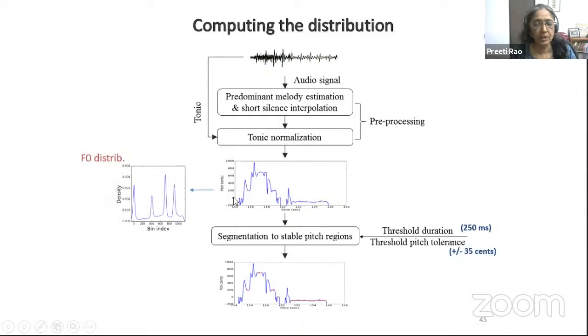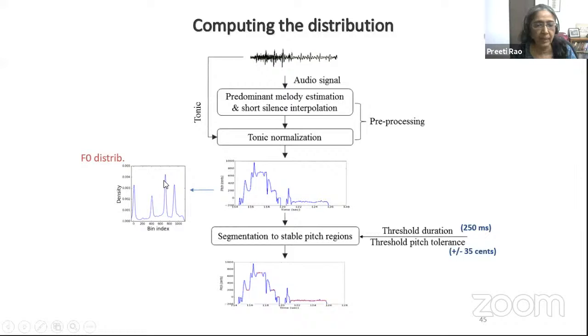Okay, so if we take this distribution, or take the pitches and make a histogram out of it, right? So what we are showing over here, the bin index refers to the scale. 1 octave is shown over here. 1 octave is being divided into 1200 bins. The 1200th part is called a cent, C-E-N-T. So we can look at the occurrence of the different pitches.